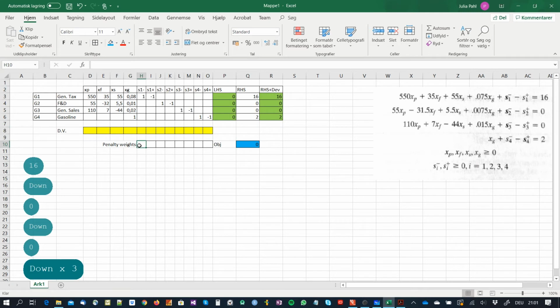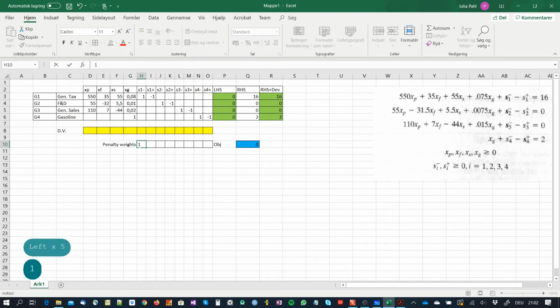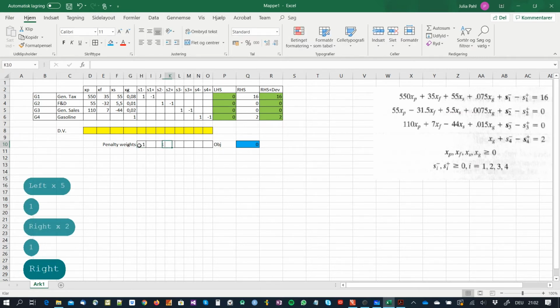Now the penalty weights that we want to include. You remember, despite the fourth goal, they were larger or equal to. That means that we want to penalize the negative ones. So exceeding is no problem, but underscoring is a problem.